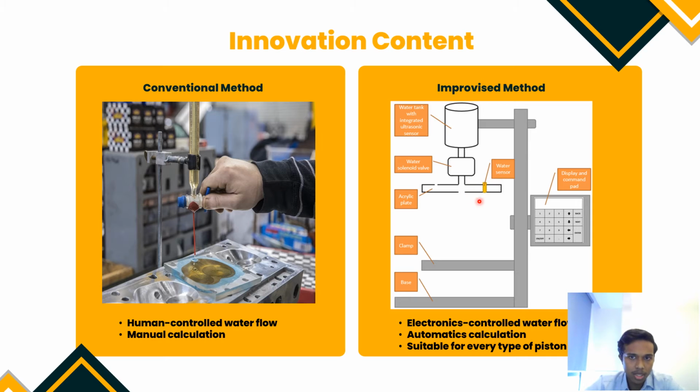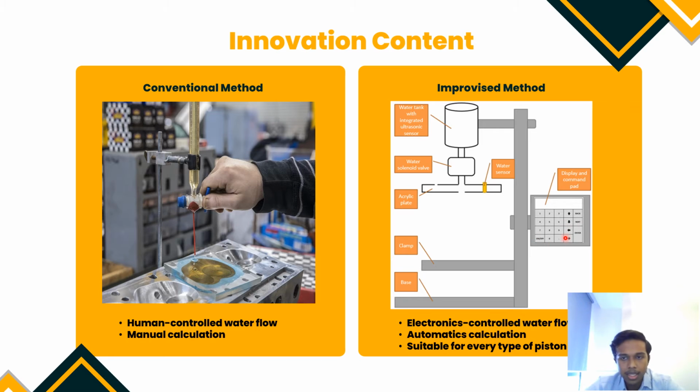Basically, when the water sensor has sensed the water has filled up this chamber, it's going to send a signal to the water solenoid valve, which is fully electronically controlled, and it's going to stop the water from flowing down. Then the ultrasonic sensor is going to get the reading from the tank inside. This data will be passed into the system, and the microcontroller is going to process it and display the compression ratio on the screen here.